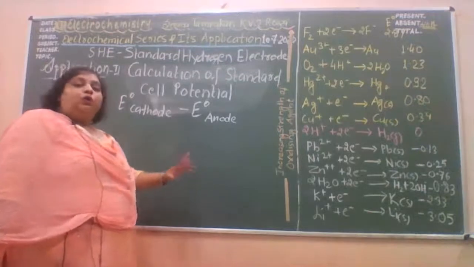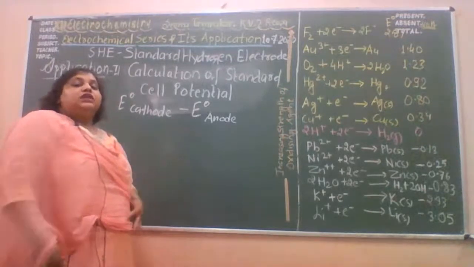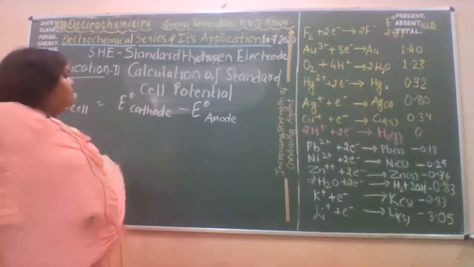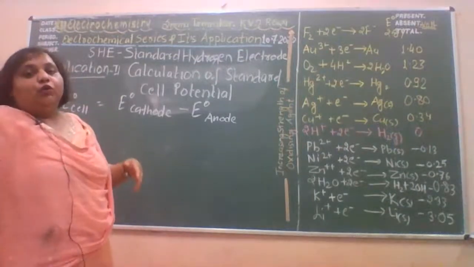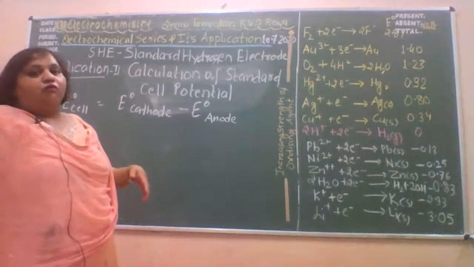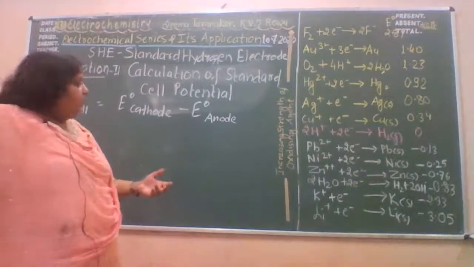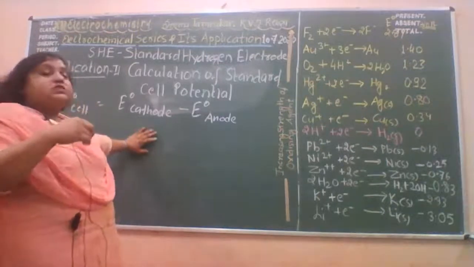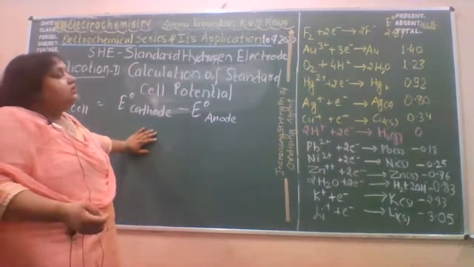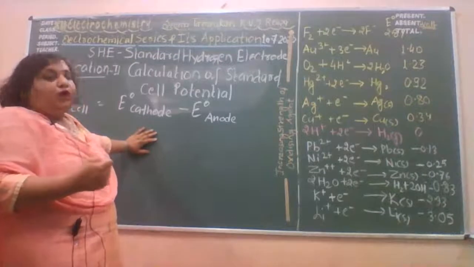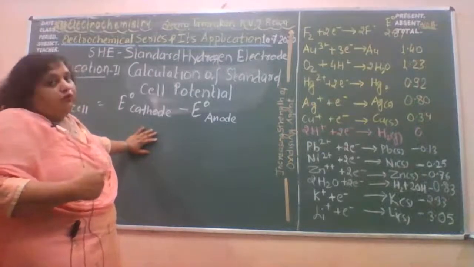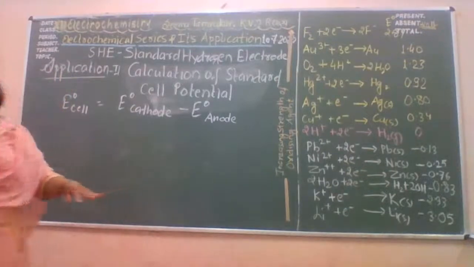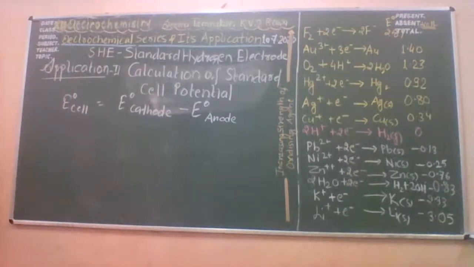Whenever no electric current is taken out from the cell, that time the cell potential is defined as the electromotive force or EMF of the cell. So here, in general, we measure and find things in terms of EMF of the cell. Now, I have a question. Please note the question.